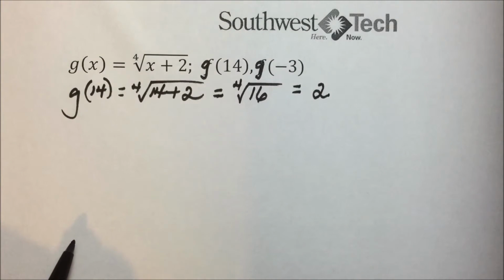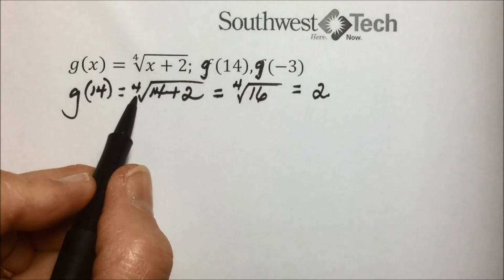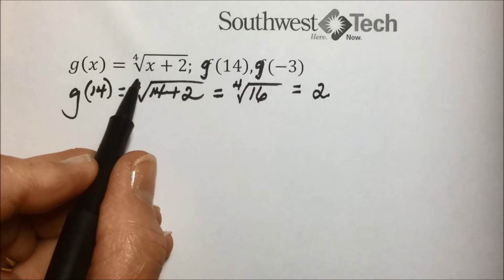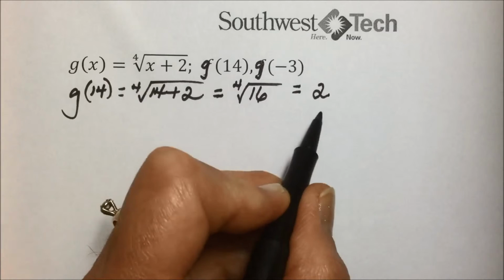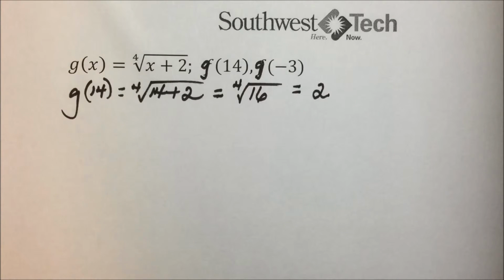A negative 2 times itself 4 times would also give us 16. But when we're dealing with an even index, and by index it's the root here, the fourth root, we always want a non-negative root. Since it's an integer, we don't need to worry about our absolute value signs.